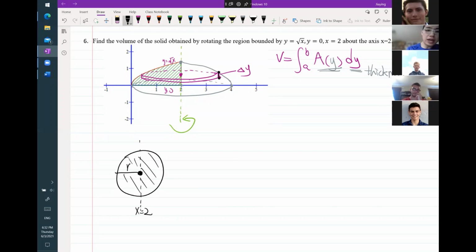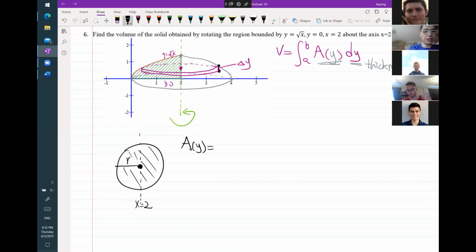So let's find the area in terms of y. Since it's a disc with no missing part in the middle, the area is just pi times the radius squared. But what is the radius? That's the challenging part in this problem. The radius is going to be from this line x equals 2 to the leftmost point.